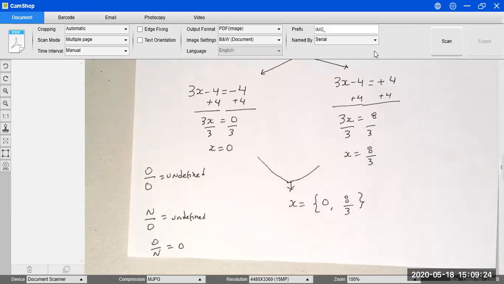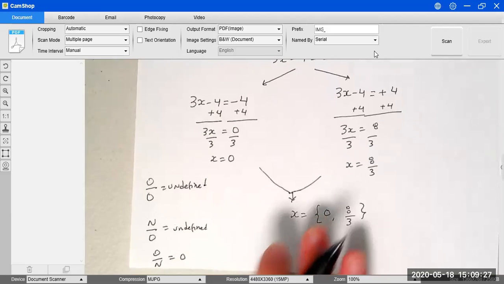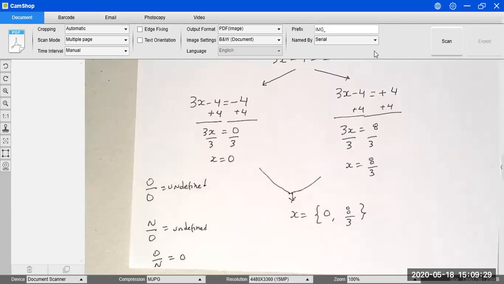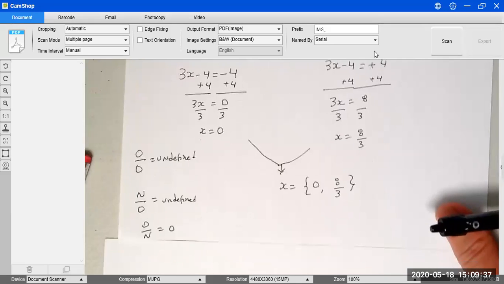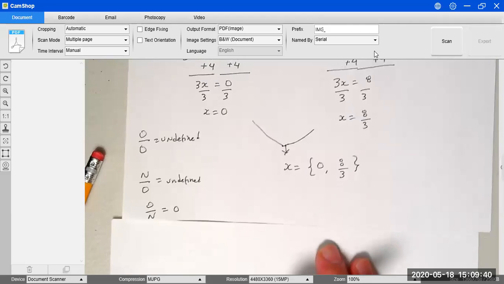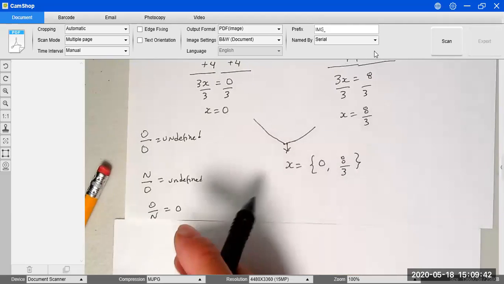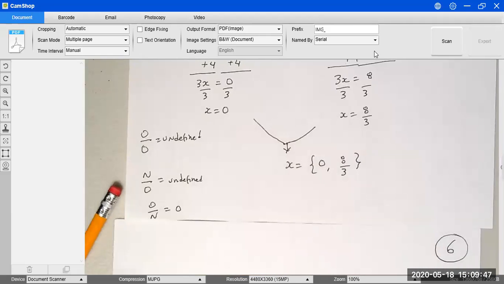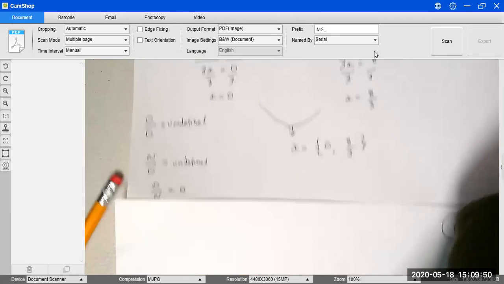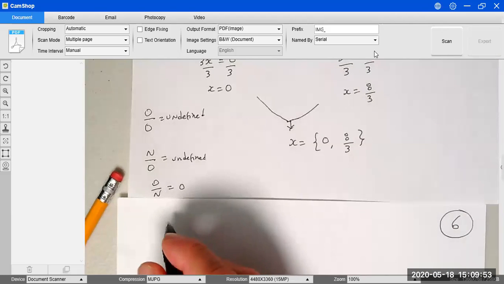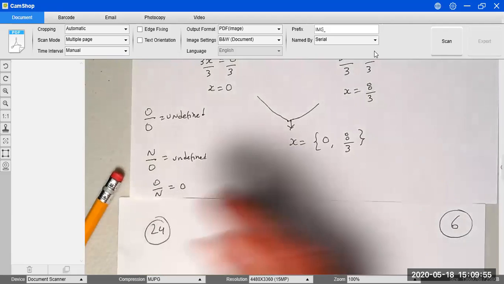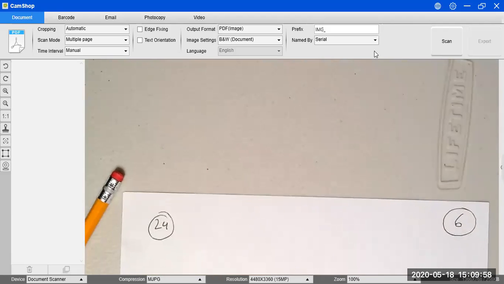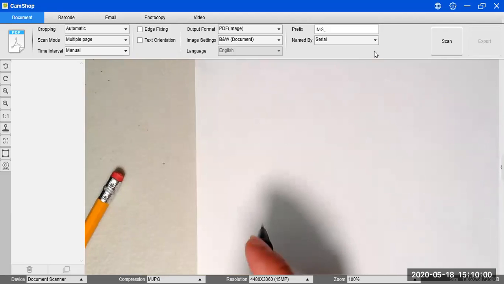So that's problem 33. Now I'm going to give you the last 5 problems for you to solve. And this is good practice because you're practicing radicals, you're practicing fractions, and you're also doing operations with radicals and non-radicals. So let's see, you're going to work on problem 24 now.